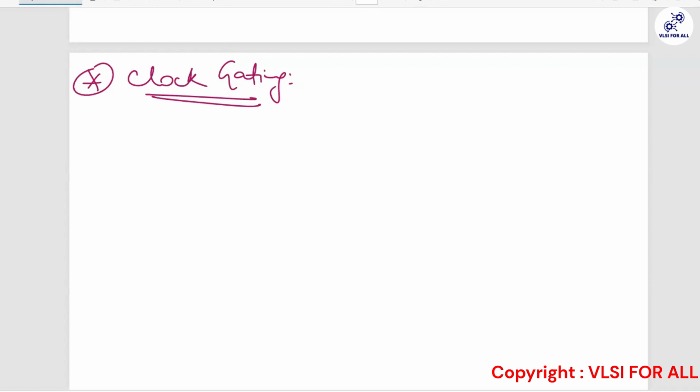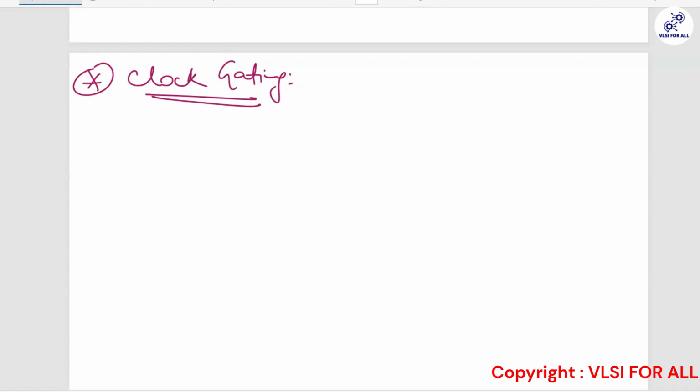So I can provide an enable signal through which I can control the clock, so that only whenever that particular signal is high do I let the clock toggle. Otherwise, we reduce the unnecessary transitions on the clock, and that will save a lot of power.